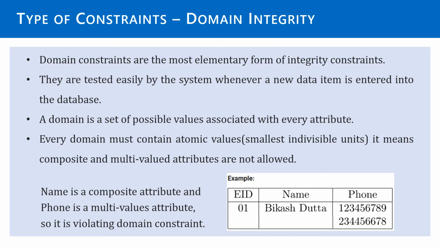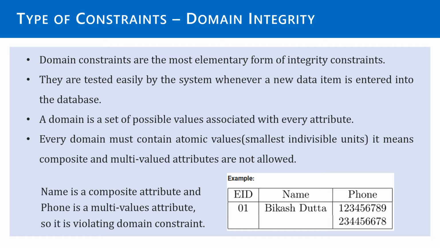That means it does not allow composite and multi-valued attributes. In the given example, name is a composite attribute and phone is a multi-valued attribute, so it is violating the domain constraint. The condition is that every domain must contain atomic values, and that condition is violated since phone is a multi-valued attribute.